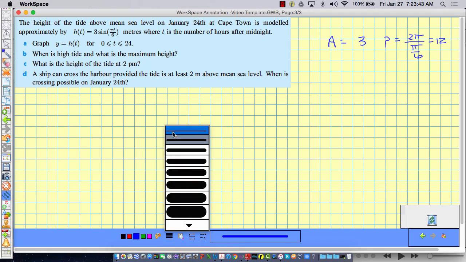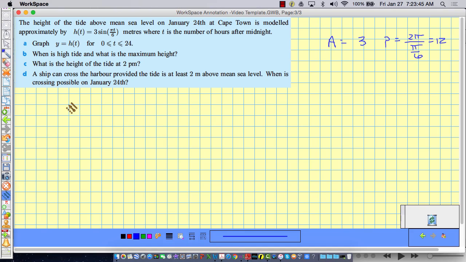That's a little too thick. Let's go to our normal size. So we'll go here, we'll go to here, and I'll go back a little bit. Let's just go out to here. Okay, so let's start some labeling. We got an amplitude of 3, so 3, -3, and a period of 12.